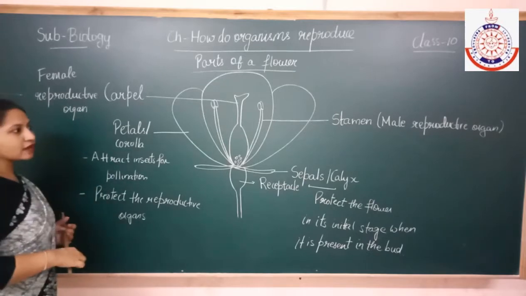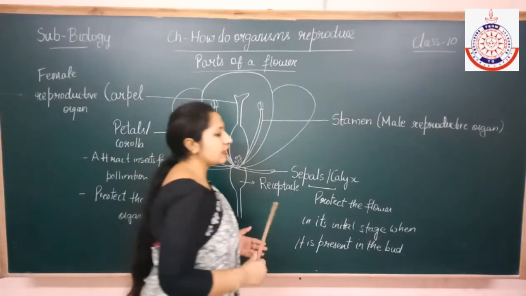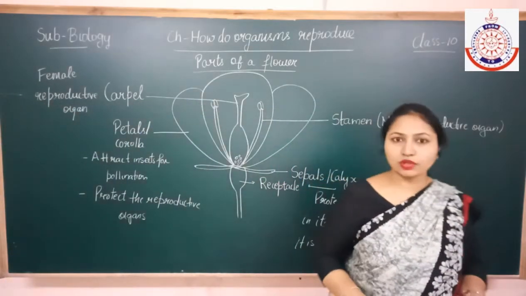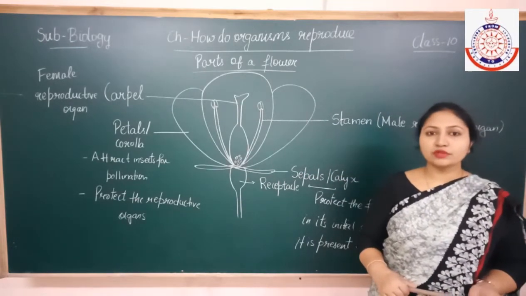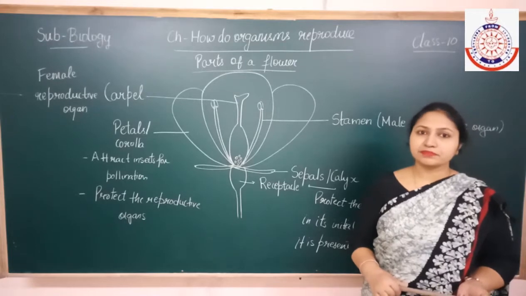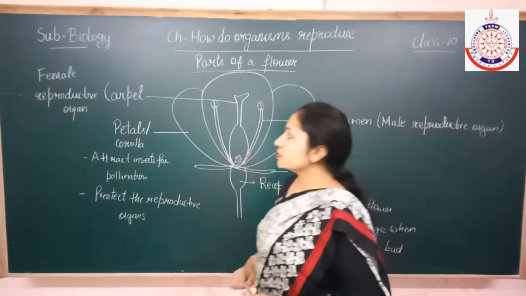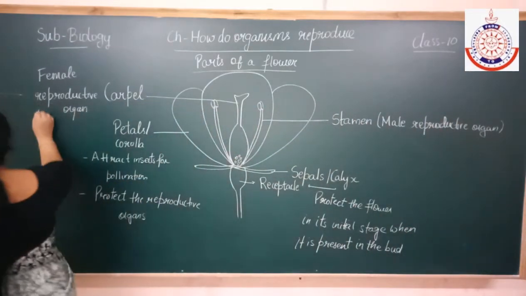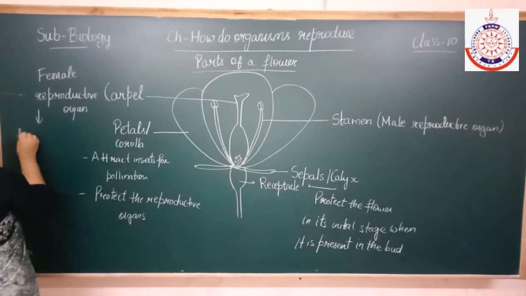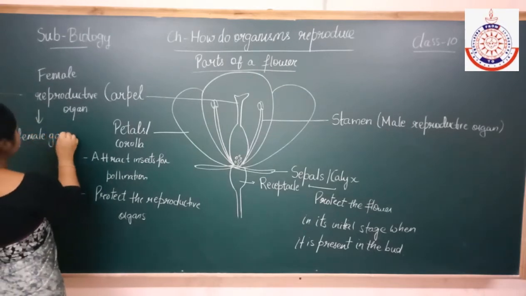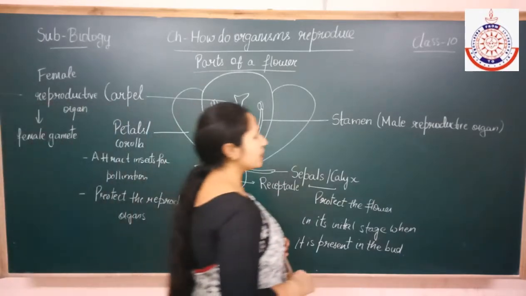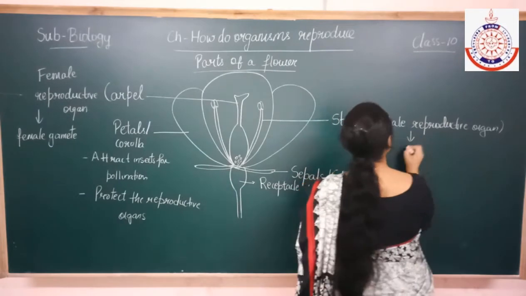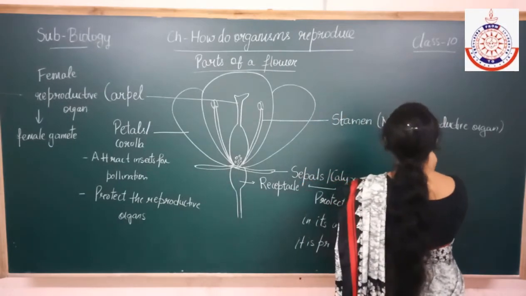Why are they known as male and female reproductive organs? Because they are responsible for producing the gametes. Carpel produces the female gamete, and stamen produces the male gamete.